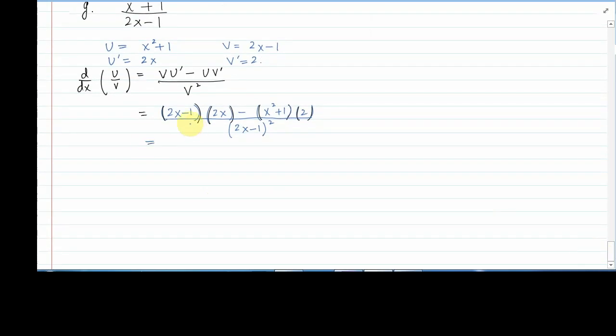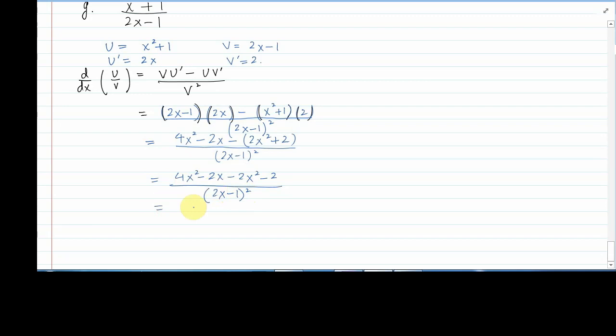Now we need to multiply. 2x times 2x is 4x square minus 2x, minus, I'm going to multiply the brackets here, 2x square plus 2, and in the denominator there is no need to expand, so let it be (2x minus 1) whole square. Now it will be 4x square minus 2x, minus, remove the brackets, minus 2x square minus 2, divided by (2x minus 1) whole square.